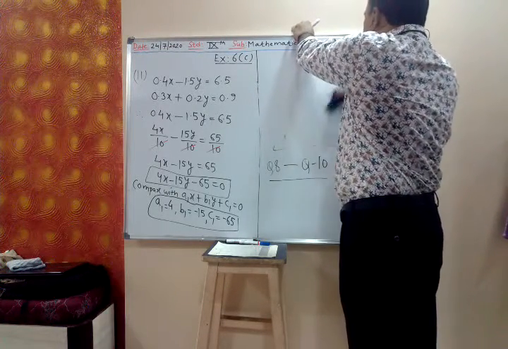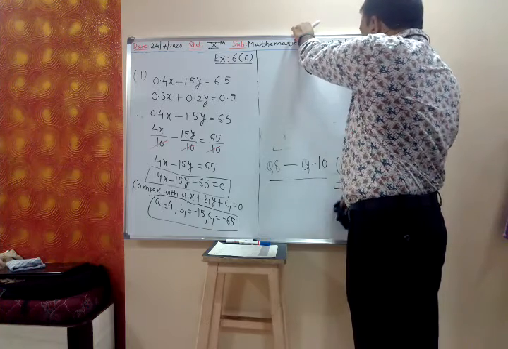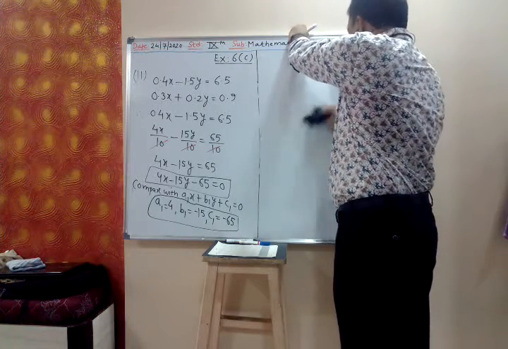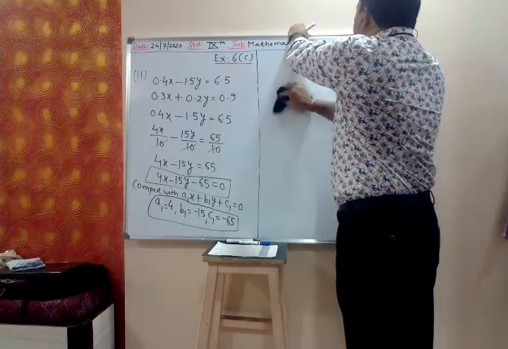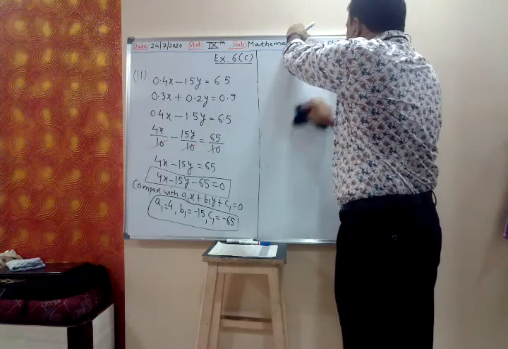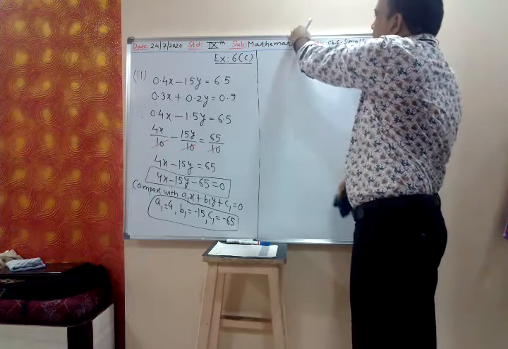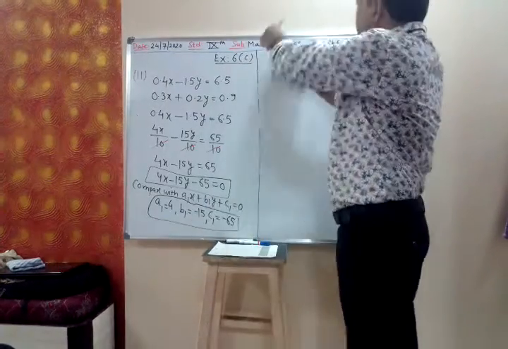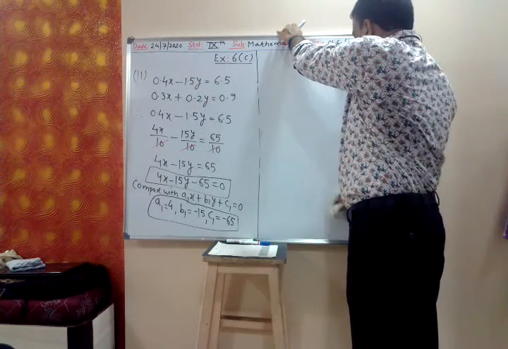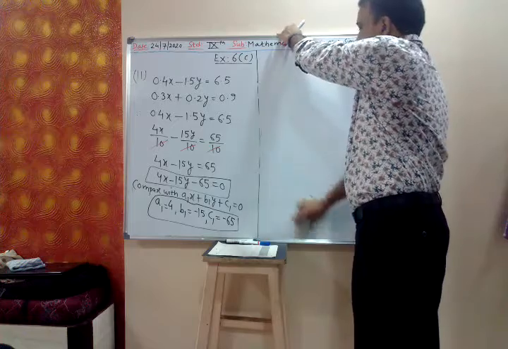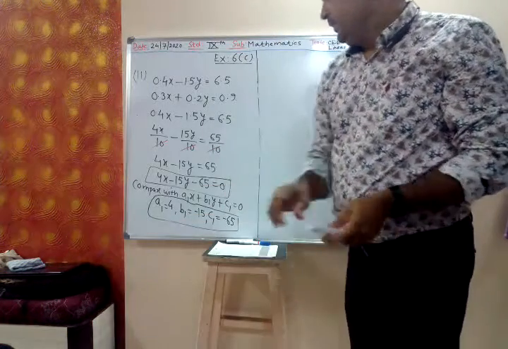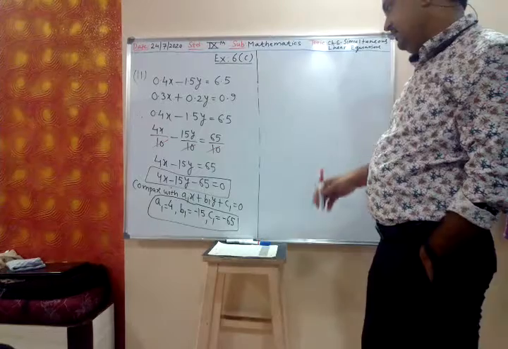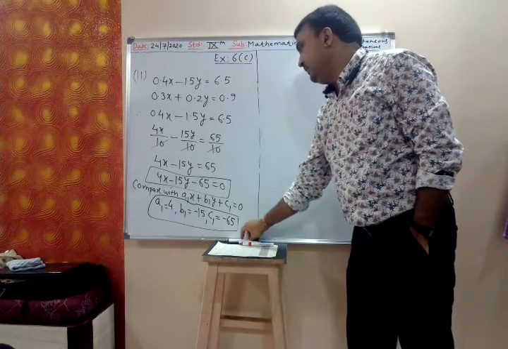If right hand side 2 terms are given, then you take both the terms on the left hand side. If 2 numbers are given, then you have to simplify that and get 1 number. Whenever we are given 2 numbers, we can add and subtract 2 numbers. So A1 is 4, B1 is minus 15, C1 is minus 65.